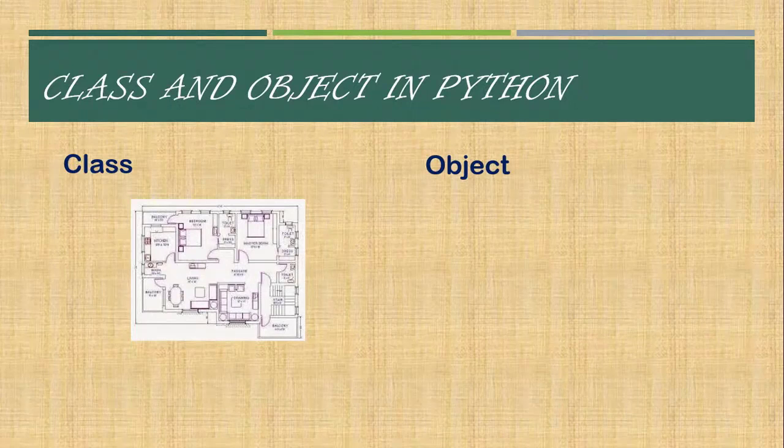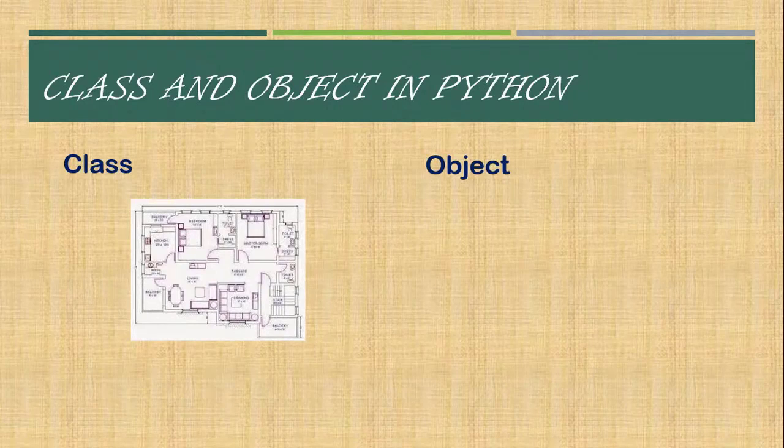So what the architect will do, he will first of all draw a sketch. Depending upon the blueprint which has been drawn, because in a building we know that there would be different rooms, there will be balconies, there will be different portions in a building, and each and every portion of the building.